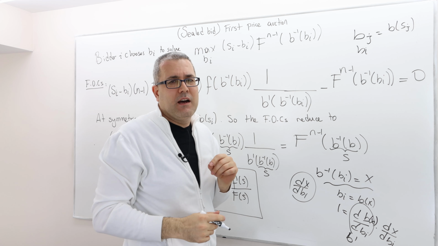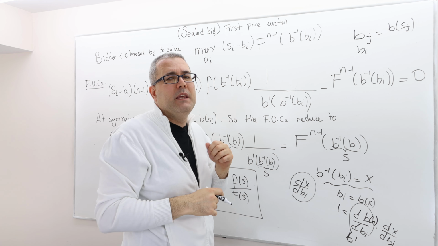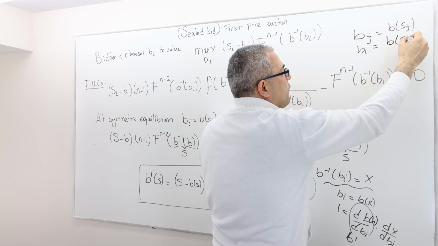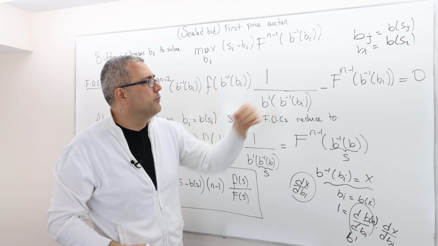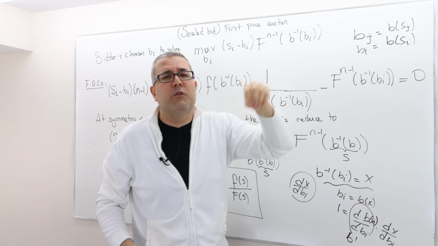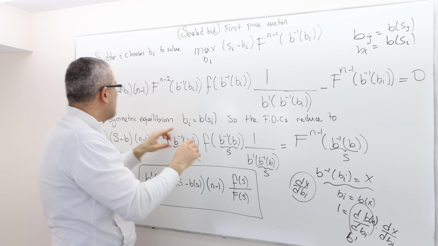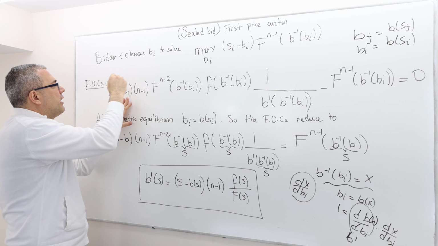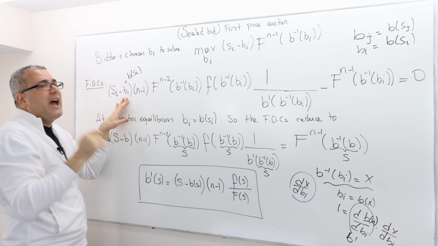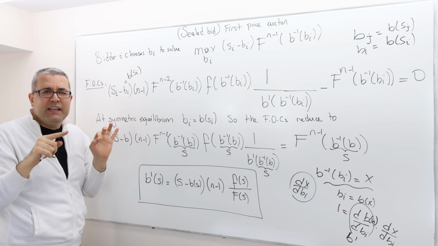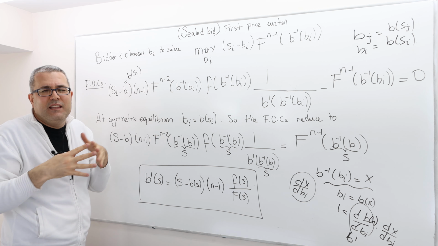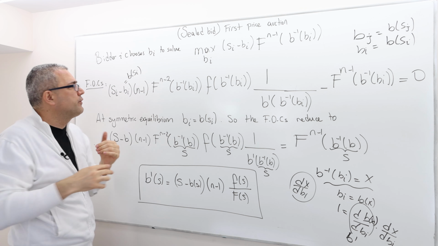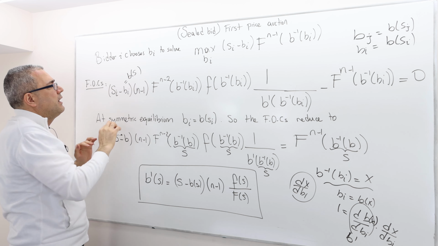He's bidding some b_i, probably different than b of s_i. But since we are looking for a symmetric Bayesian-Nash equilibrium, we want b_i to be equal to b of s_i. So whenever I see b_i, I'm going to write b of s_i. And whenever I see i, these are just any player and any signal, so it really doesn't matter which i we refer to. So I'm going to ignore i terms all over.